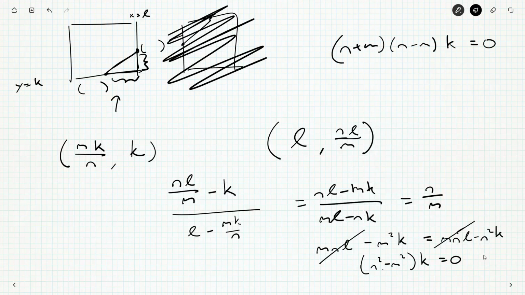I feel like something's wrong, because n and m can't be the same. n plus m is definitely not going to be 0, and k shouldn't be 0 either. So did I screw up? Oh, yes, of course I did.